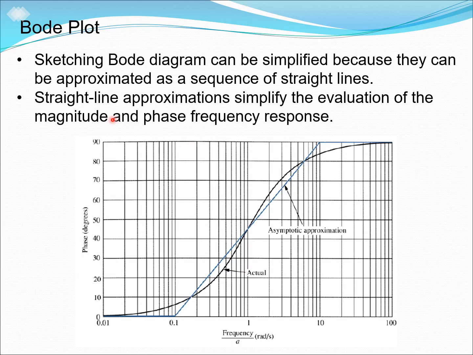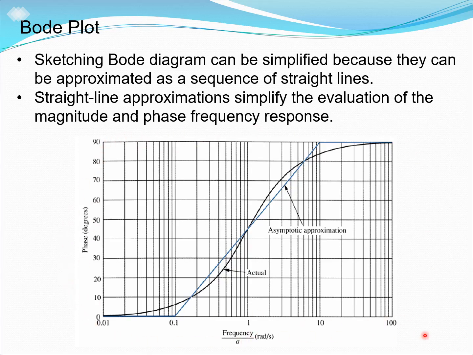The log magnitude and phase frequency response curves as functions of log omega are called Bode plots or Bode diagram. Sketching Bode diagram can be simplified because they can be approximated as a sequence of straight lines.